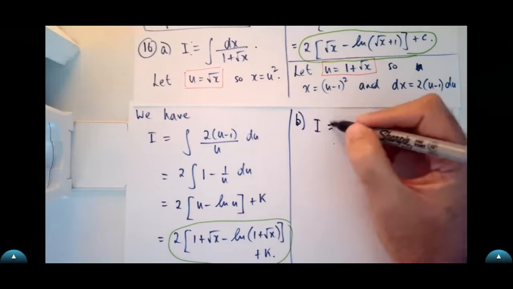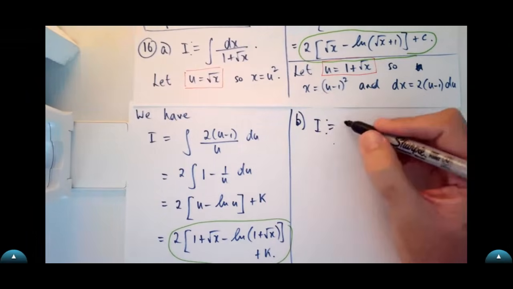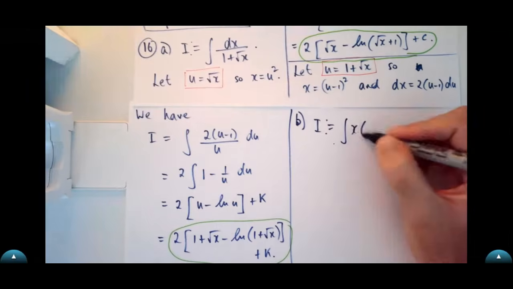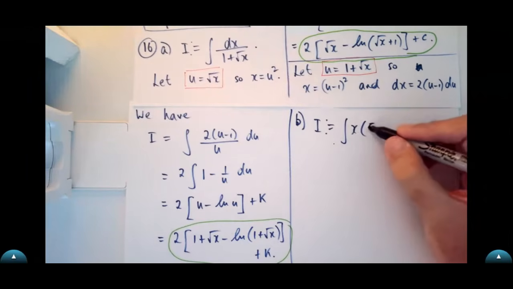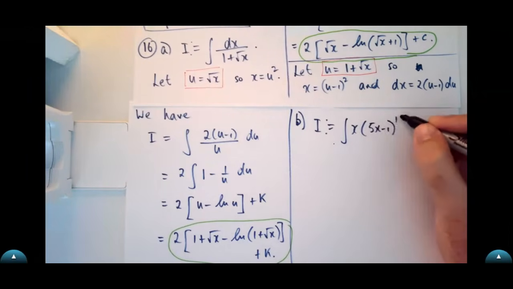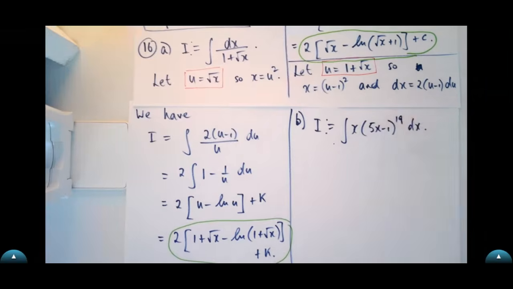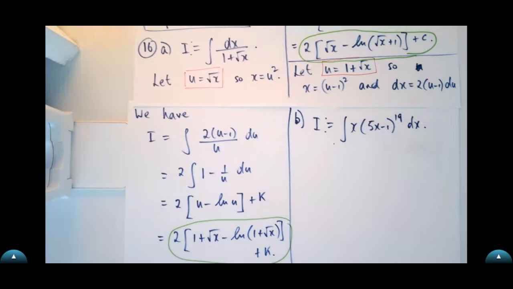Here we've got the integral of x times 5x minus 1 all to the power 19 dx. And the challenge here is we don't want to expand that power of 19.